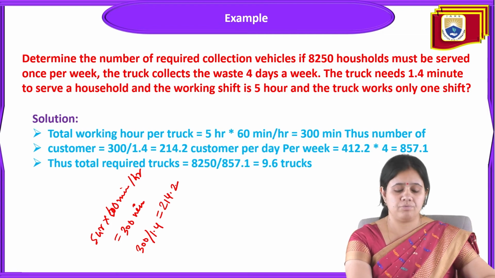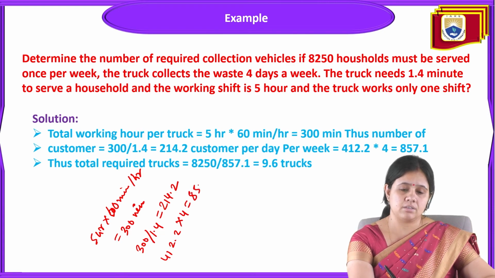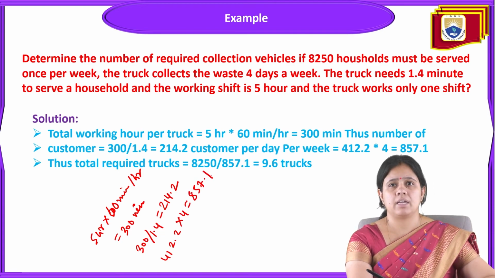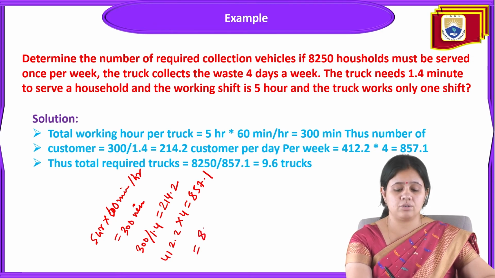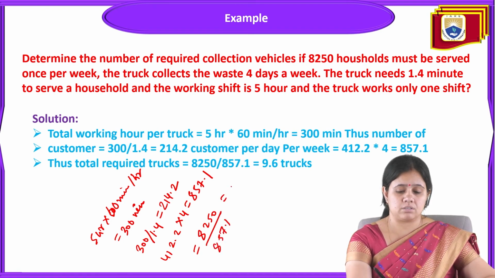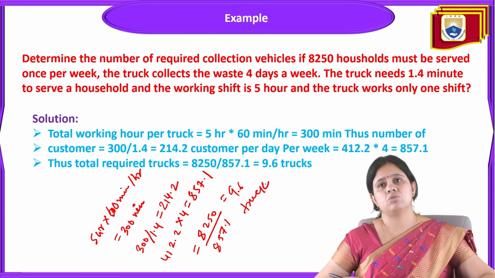Per week, 214.2 into 4 is equal to 857.1, and total trucks required is equal to 8250 households divided by 857.1, which is equal to 9.6 trucks. So in this way also you can solve this numerical.